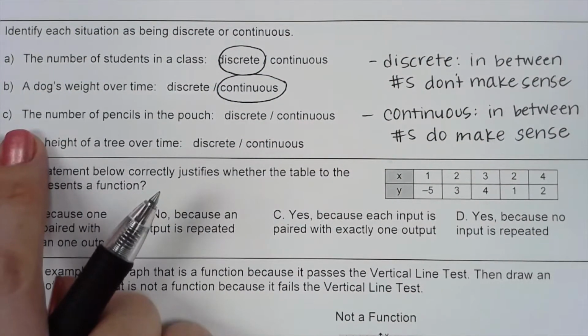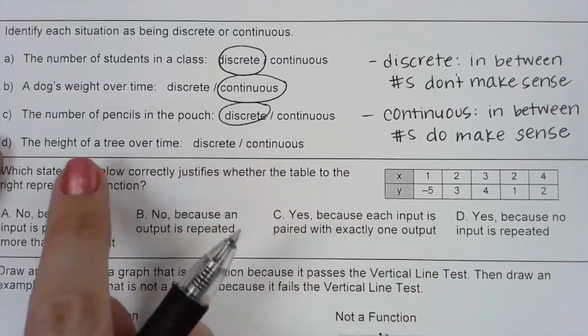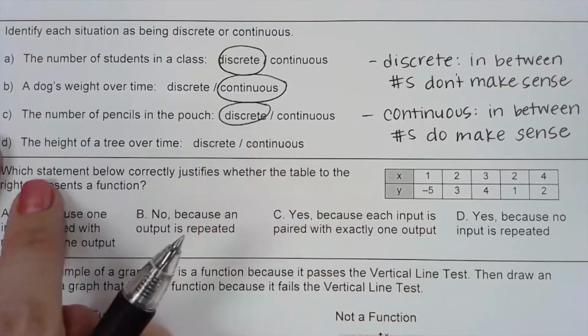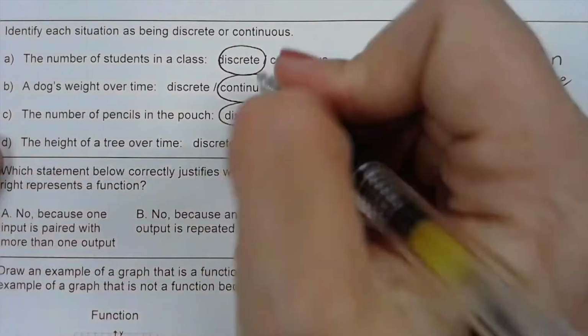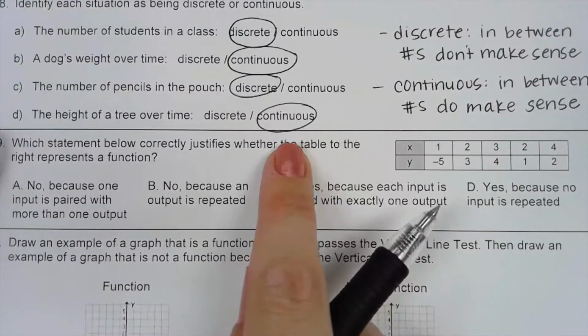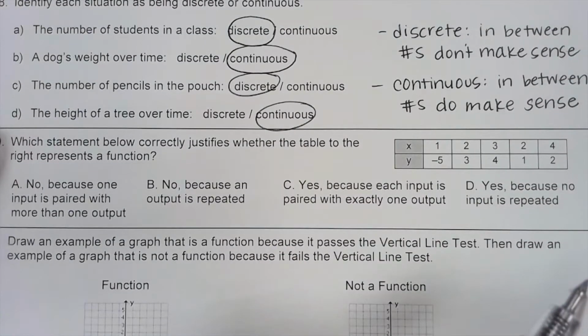For the number of pencils in a pouch, we're going to say discrete. Even though you could break a pencil in half, you still have a pencil or you don't have a pencil. So that would only be measured in whole numbers. And then for the height of a tree over time, that one could be continuous because the tree could be 5 feet tall, but the tree could also be 5.5 feet tall. And so since the in-between values make sense, that's how you decide that it's continuous.